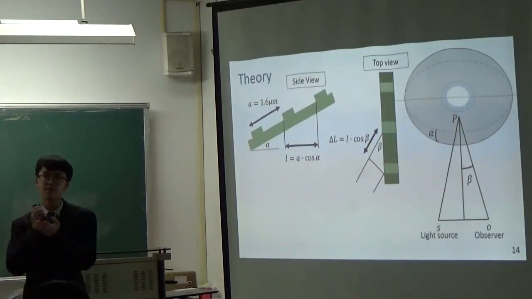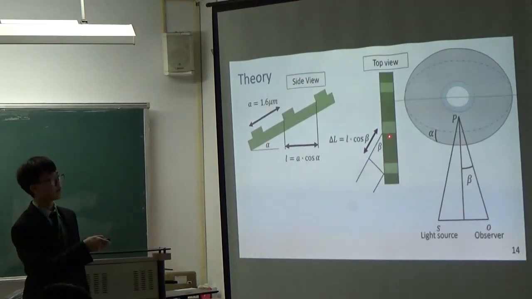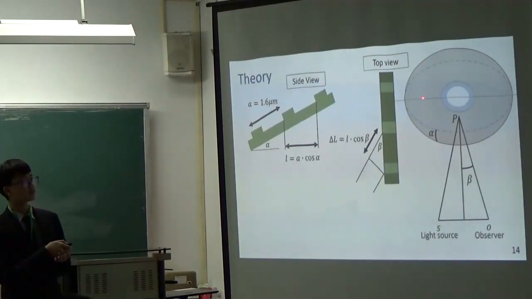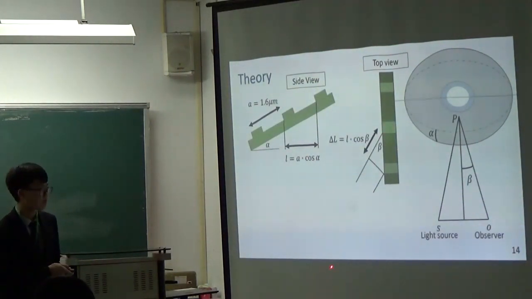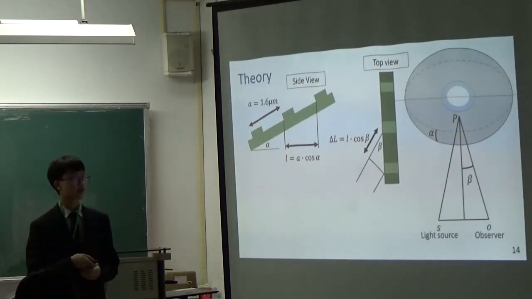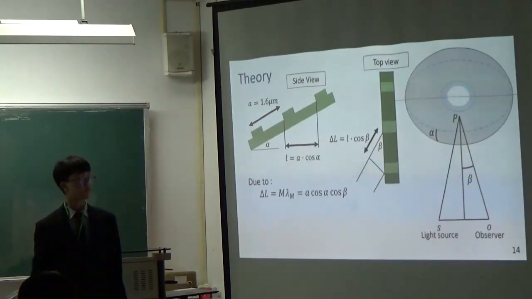When the light source arrives at the disk, it will reflect from the tracks, and we can consider that on the track there is a new light source, and it will reflect the light back to the observer. And for the distance this light walks and the distance this light walks, there's a difference between these distances, and we calculate it through the cosine value.